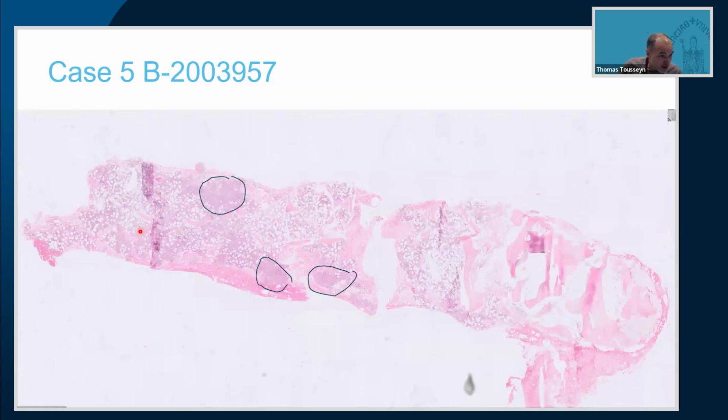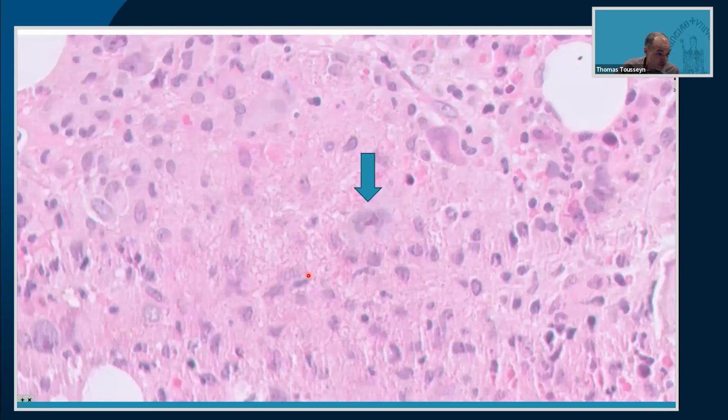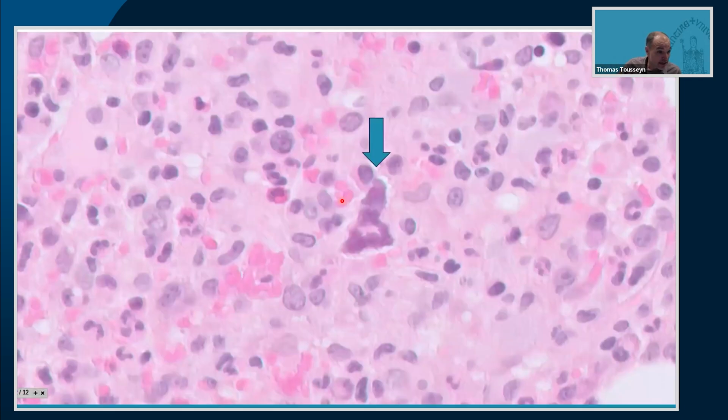Here is an image of the bone marrow involvement of this case. You see already at low power that there's something going on in these areas. Often these will be characterized by some fibrosis, lots of histiocytes, and then you really need to look for the atypical cells, because often they will not be in the section, so you probably need to do more sections to find them.